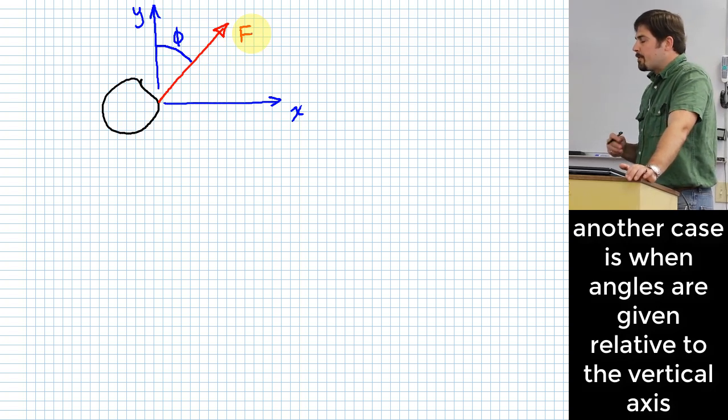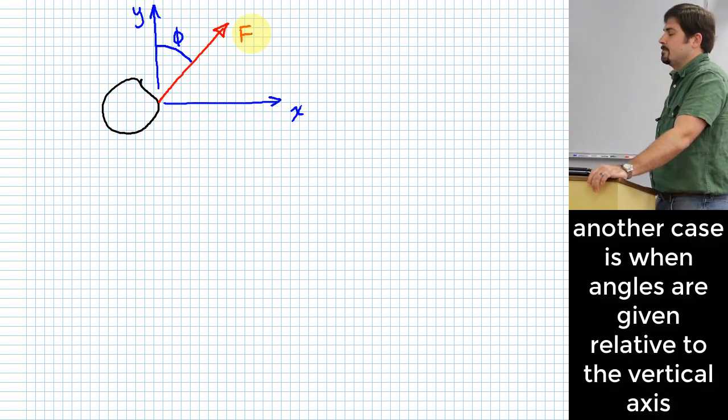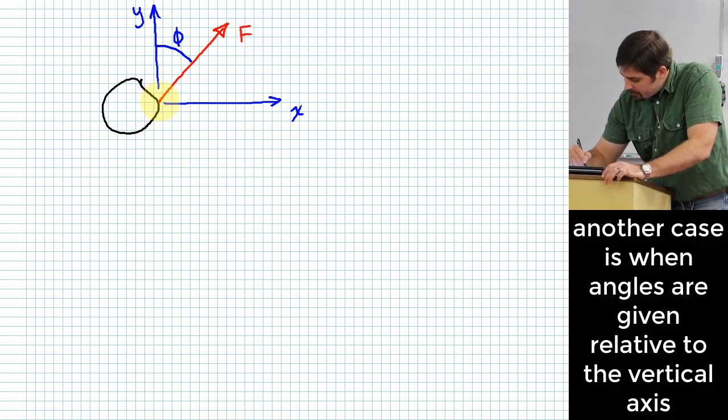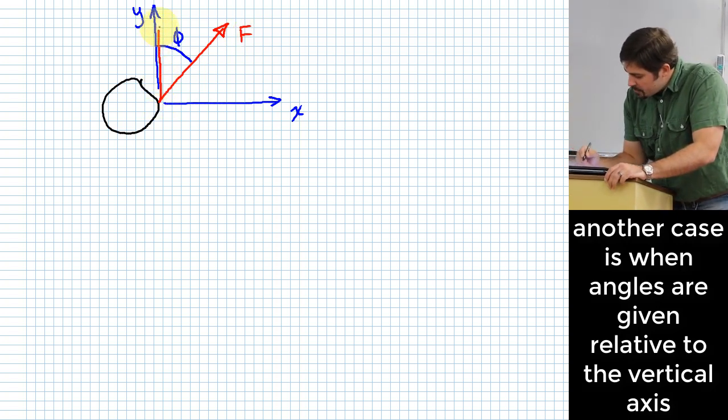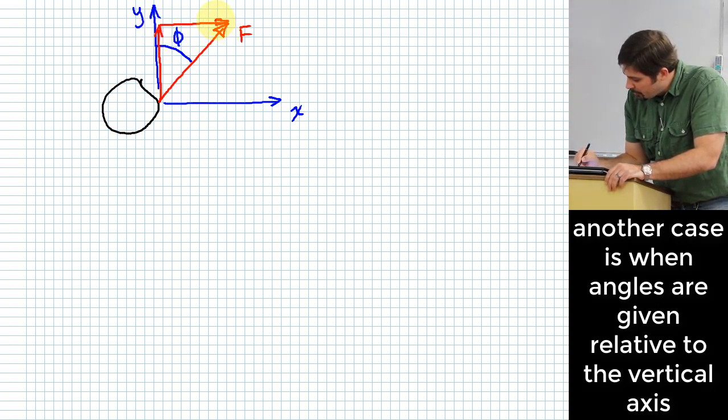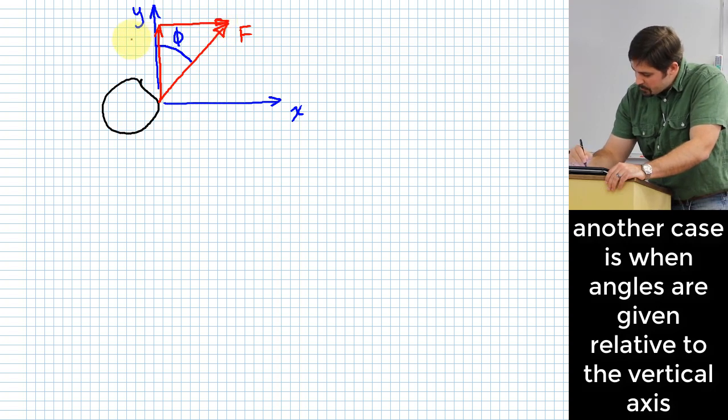Well, where would I start if I'm trying to figure this out from scratch? Okay, I should probably set up the triangle, right? This force is the sum of two forces, one that's vertical and one that's horizontal. So this would be Fy, and this would be Fx.